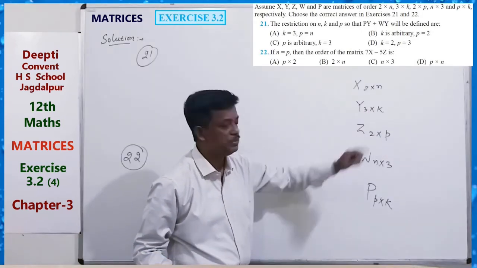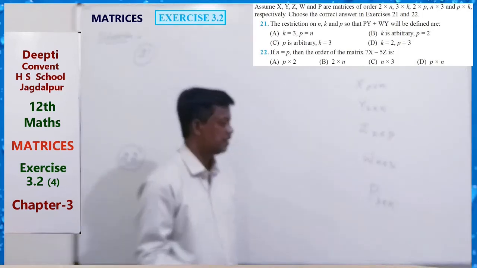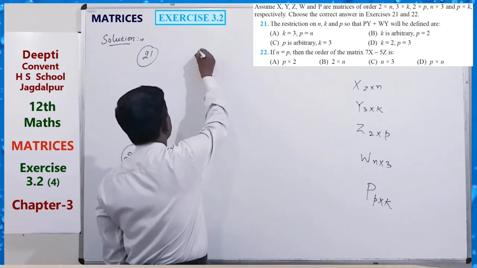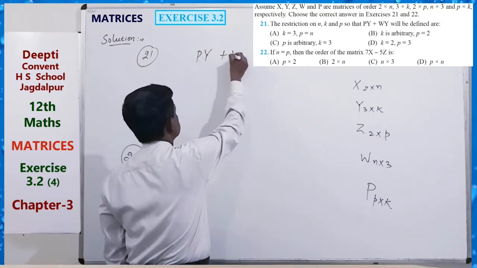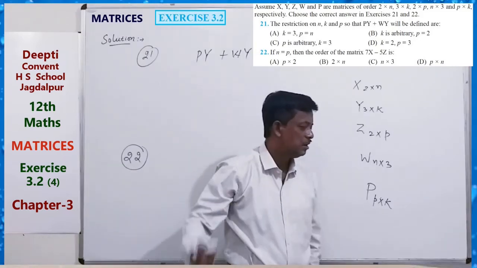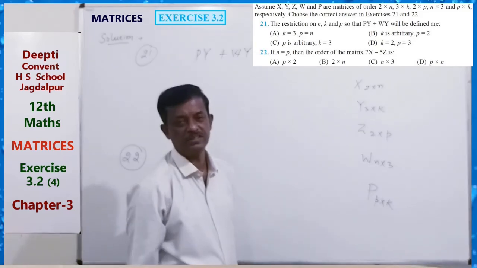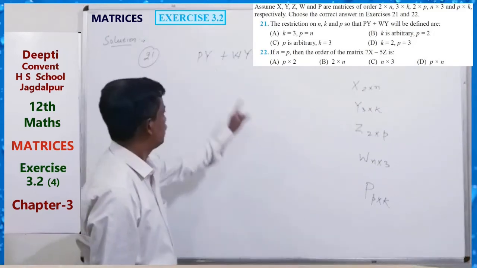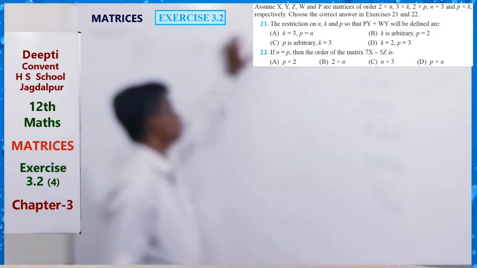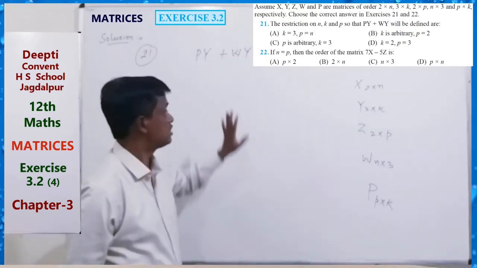Restriction on n, k and p such that py plus wy will be defined. For defining this, we know its order should be equal because of addition.